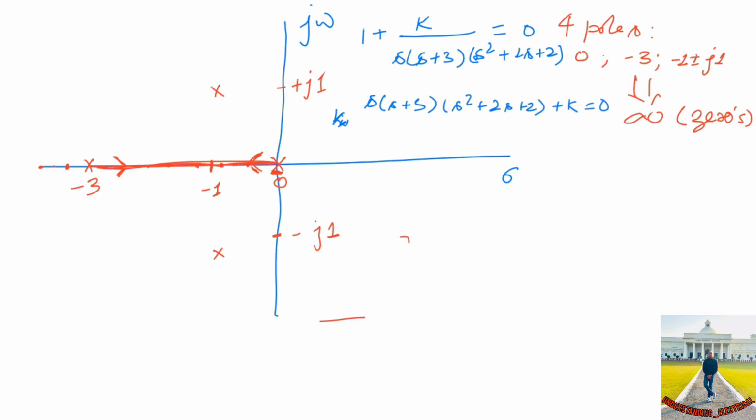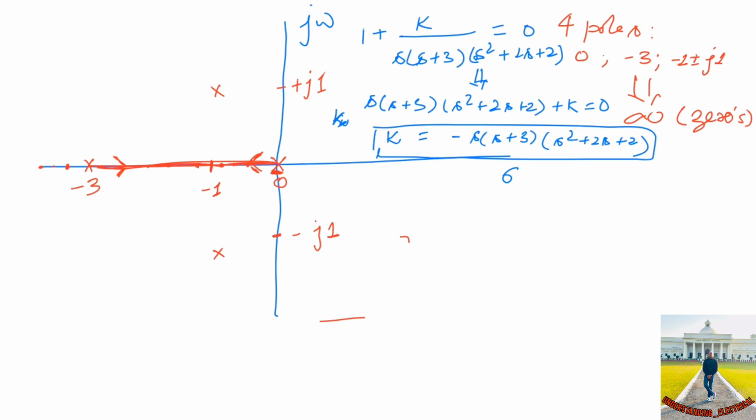So this is the characteristic equation I have got from this relation, and from here your k will become equal to minus of s into s plus 3 and s squared plus 2s plus 2. To find out the breakaway point I need to find dk by ds. So let's simplify it further.